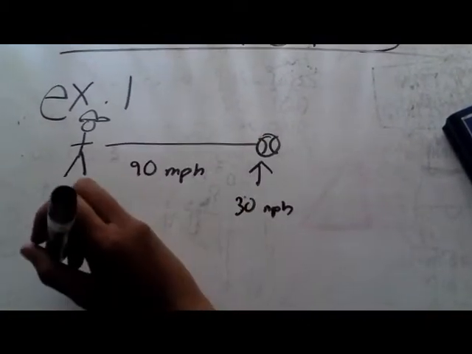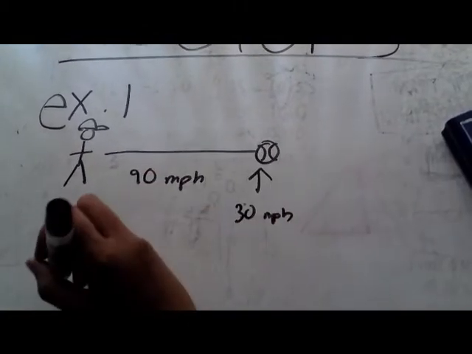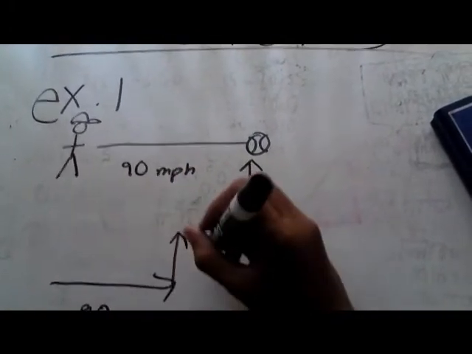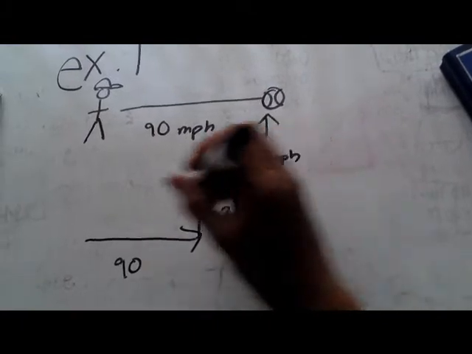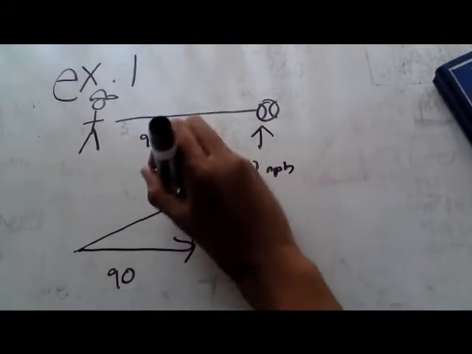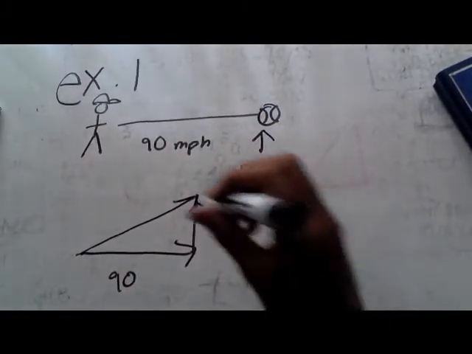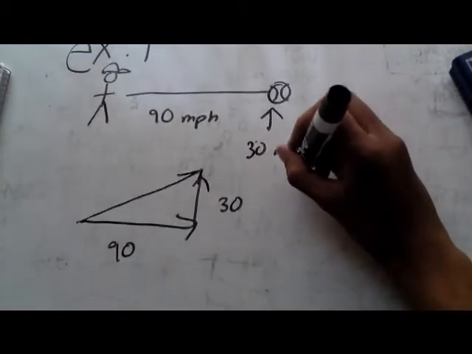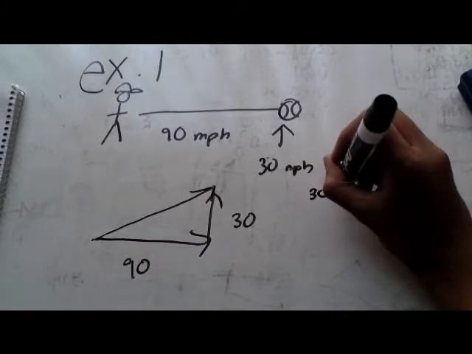So you can add the vectors together, making a right triangle. That's the baseball vector, and I also drew the wind vector, 90 and 30. This makes a new vector, and you have the components. So now you can find the direction and magnitude.